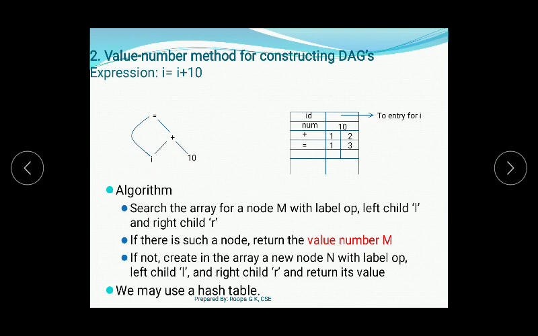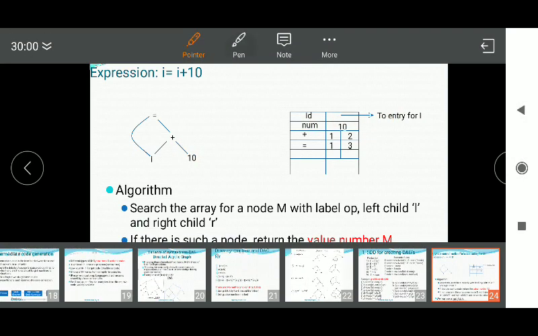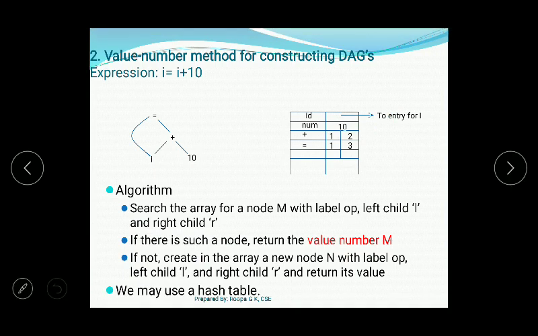So the first column is the name of the operand, that is the identifier, and the next column is the entry for I. Suppose this is an identifier, we have to write like this, the entry for I. Suppose this is a number, the given number should be written, that is 10. Then suppose it is an operator like plus, then we have a left child and right child. So left child means left operand, right child means right operand.